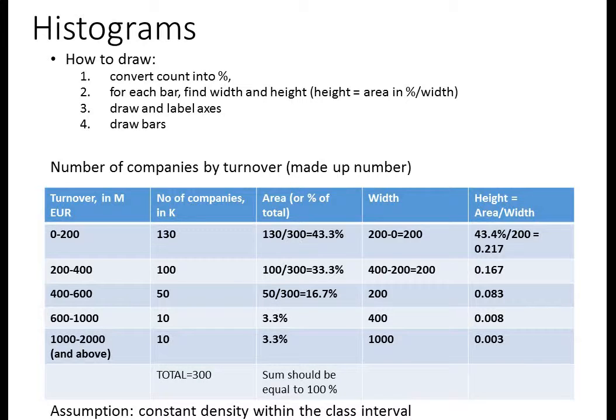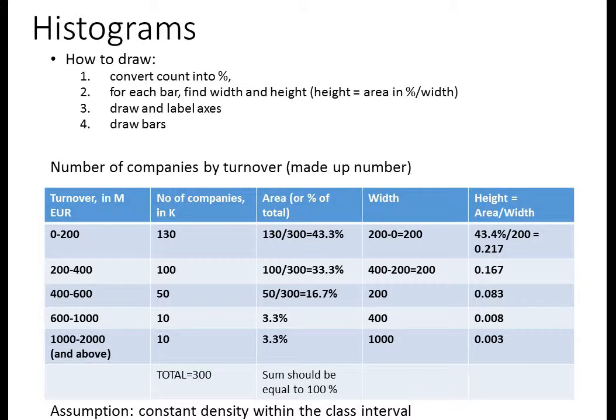Values for column 5 we get by dividing the percentages by the widths. For example, 43.3%, we divide by the width of the interval to which these companies belong. So we divide by 200, and then our result is 0.217.